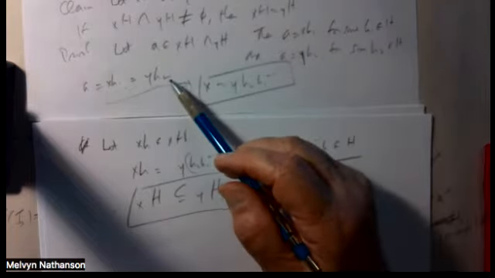On the other hand, if I multiply on the right by h2 inverse, I would get that y is equal to xh1h2 inverse.